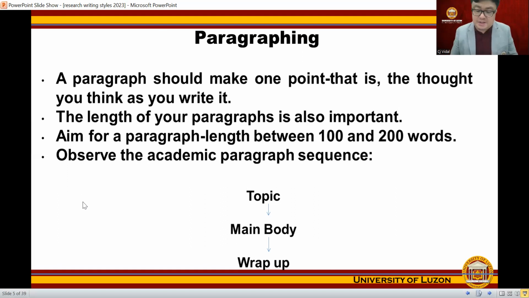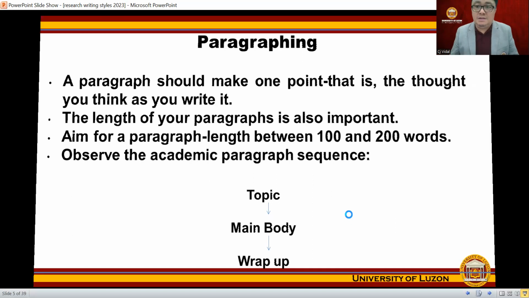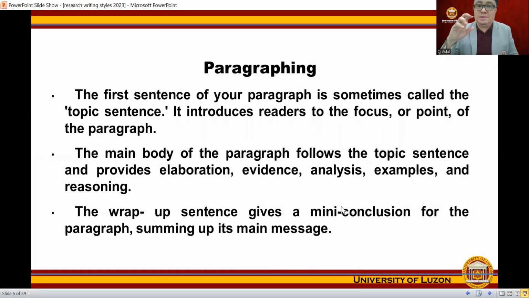When writing your paragraphs, think about the order of the material you are presenting. Usually, the academic paragraph follows this sequence: we have topic, main body, and then the conclusion or the synthesis or the wrap up. The first sentence of your paragraph is sometimes called the topic sentence, introducing your readers to the focus or the central message or point that you want to put across.